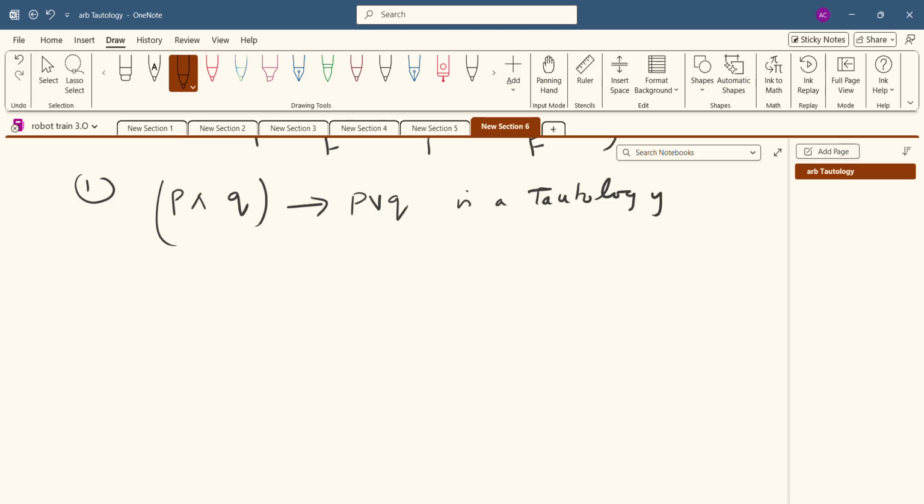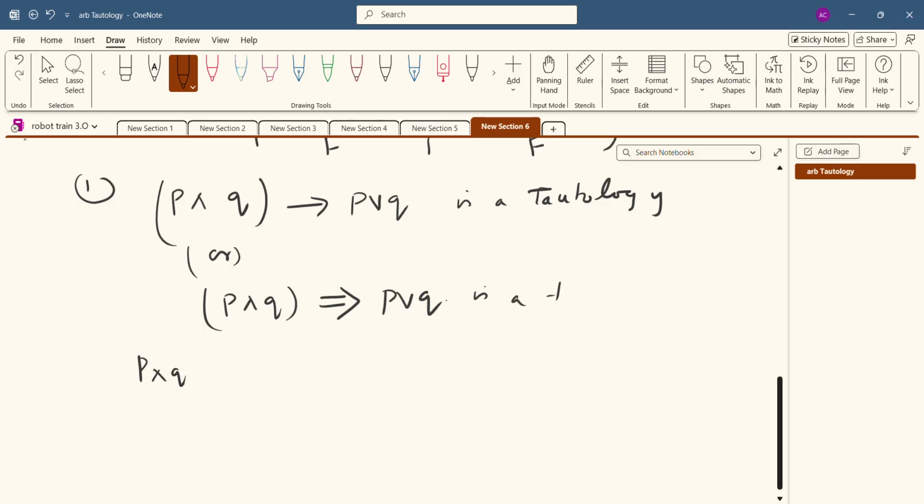P conjunction Q logically implies P disjunction Q is a tautology. That means finally we are going to prove it is a tautology.